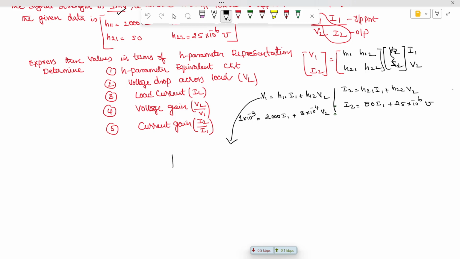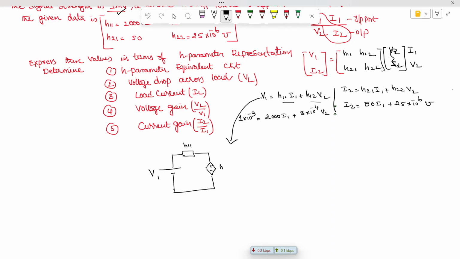So the equivalent circuit is a voltage source of V1 and an impedance of H11, so this is regarding the input port. The output port parameter we can write down like this as a dependent source with positive, negative terminals. In the input port we want to represent the output port parameter.